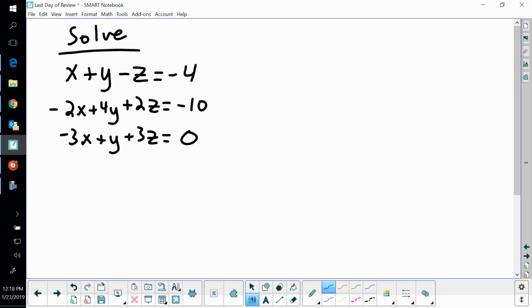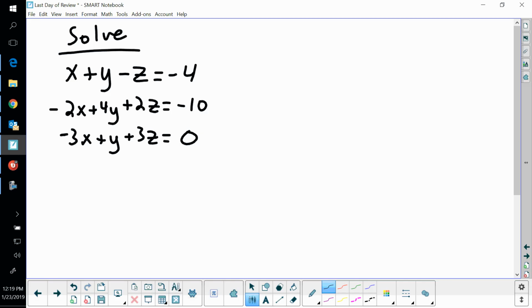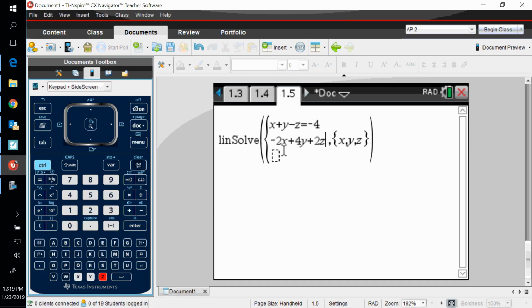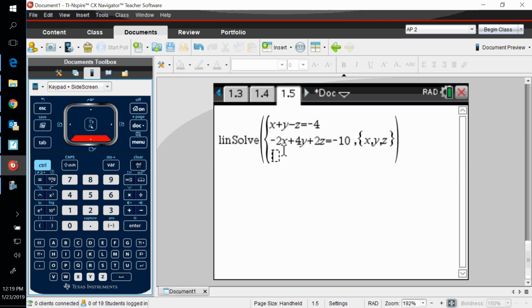And next, -2x plus 4y plus 2z is equal to -10. And the last one, negative 3x plus y plus 3z was equal to 0.